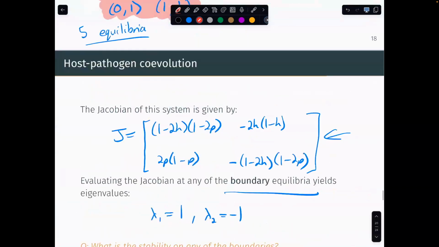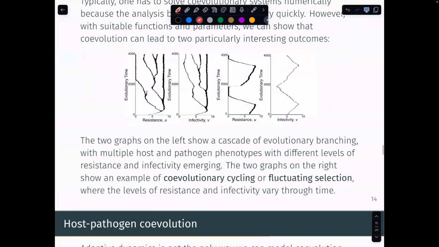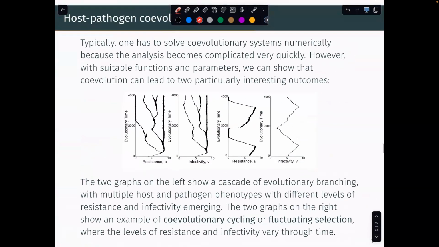I mean, we could end up with a model that gives us cycling something like this. This is a cycle just like the cycles that we've shown before. So you can end up with cycling. It's cycling again in an evolutionary sense: the ecological dynamics die down, and then you would introduce a mutation, and there's no guarantee that that mutation is always going to be increasing.